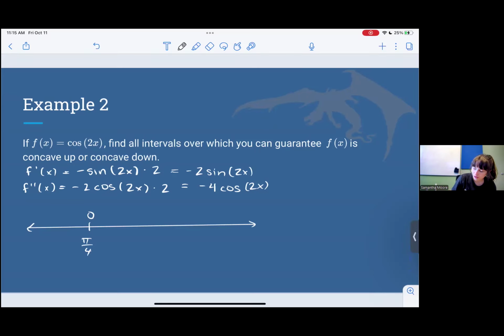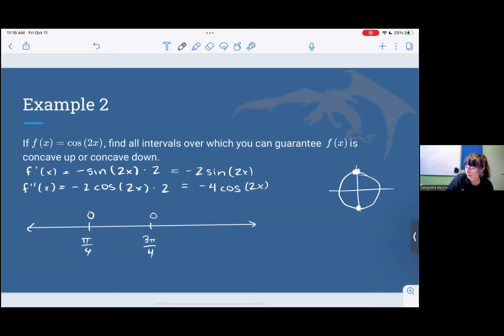And then at 3 pi over 4 as well, we're going to have f double prime be 0, because that would mean plugging in 2 times 3 pi over 4, so plugging in 3 pi over 2 to cosine, which would get us to 0. And then the next place where cosine equals 0, I'm just thinking through the unit circle here. I've looked at cosine equals 0 at this point, and at this point.